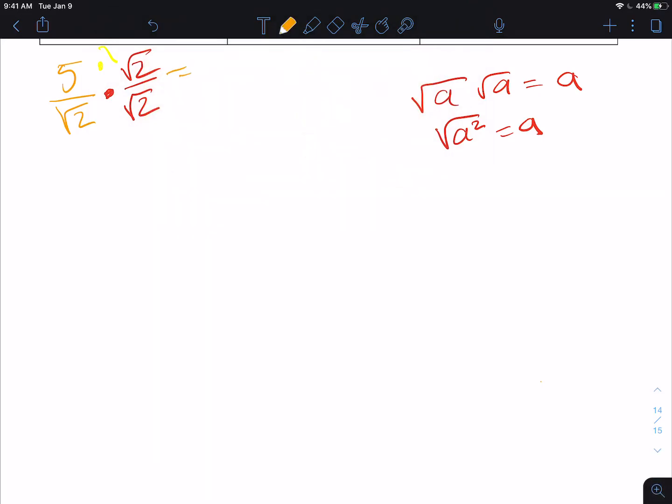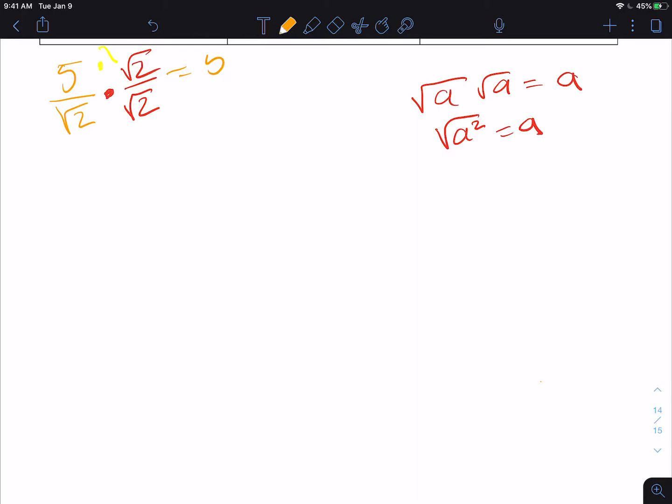So on top, remember that to multiply fractions, first of all, you do top times top over bottom times bottom. To multiply radicals, you do anything multiplied on the outside of the radical by anything outside the radical, and underneath the radical times underneath the radical.